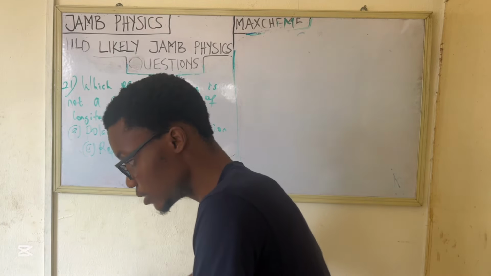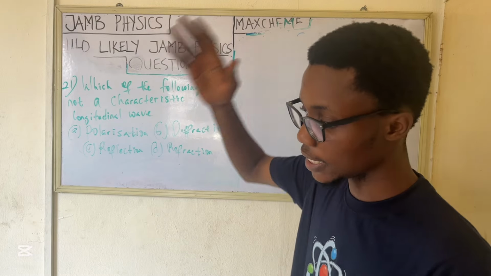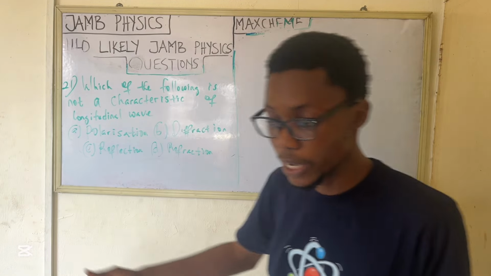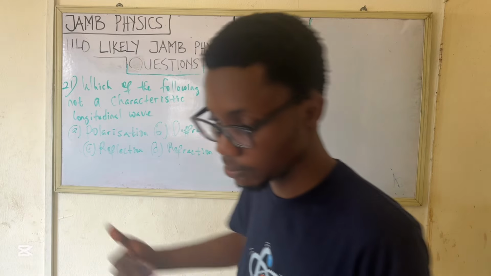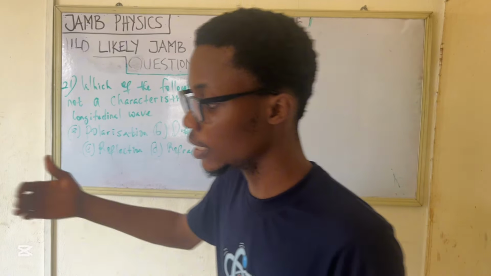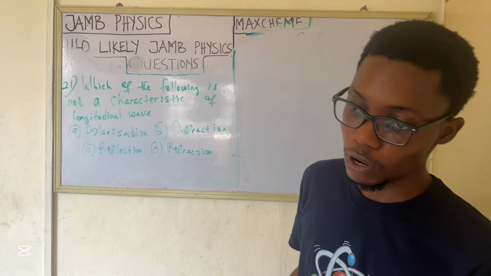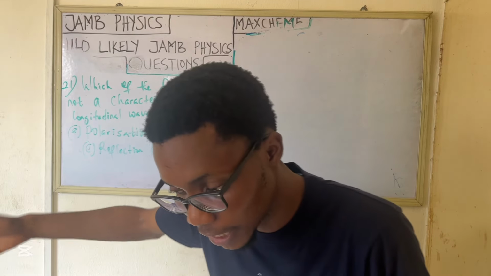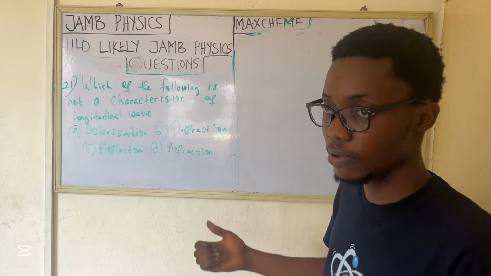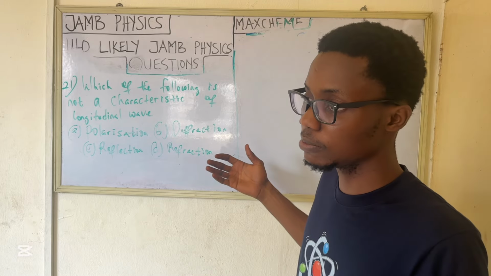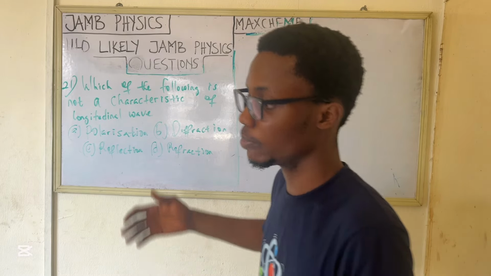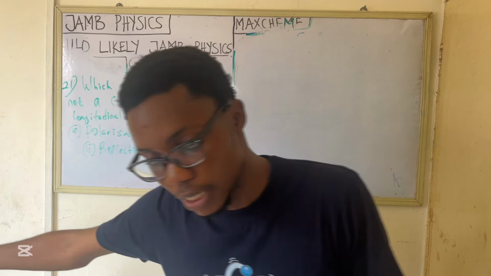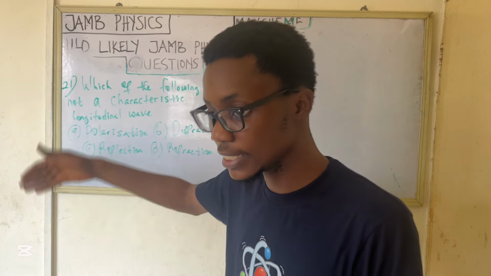When rays are shined on a surface, the rays bounce back. That process is what we call reflection. The incident rays are those that hit the surface, and the reflected rays are those that bounce back.